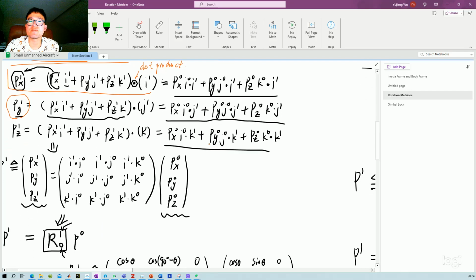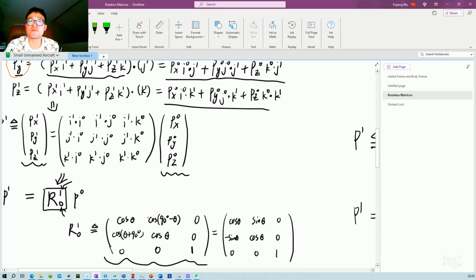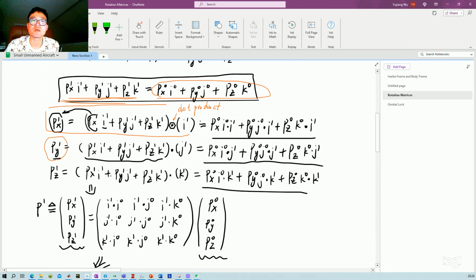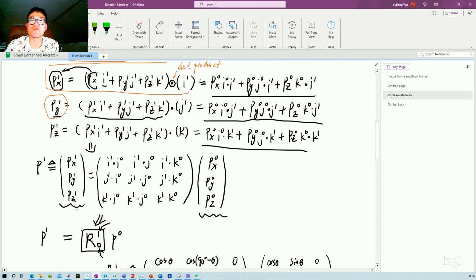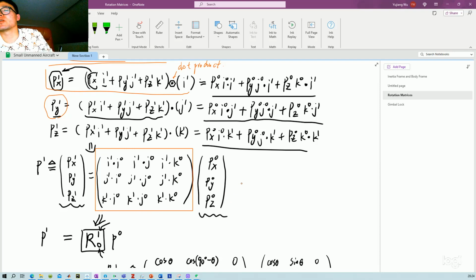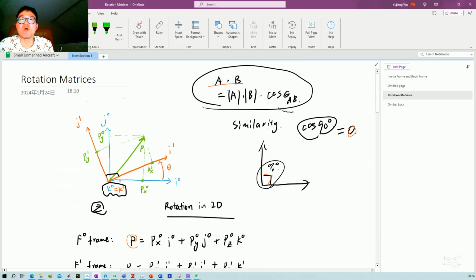Similarly, we write for z, and if we consolidate it into a matrix format, this is actually the rotation matrix that can be used: if we are given a vector in frame 0, we multiply by that matrix, it will give us the representation of that vector in frame 1.